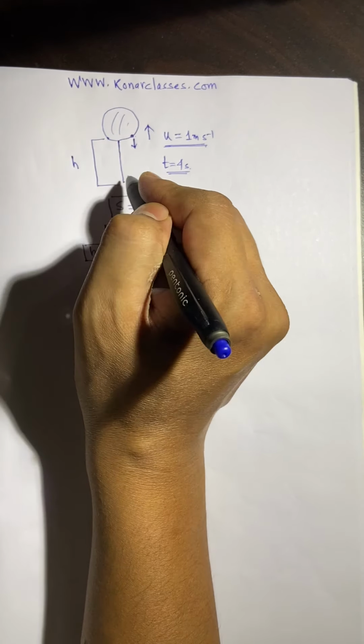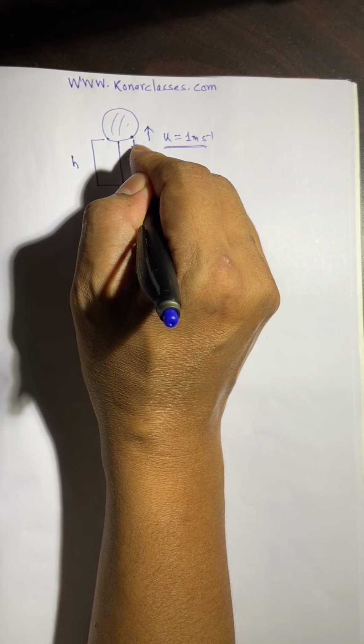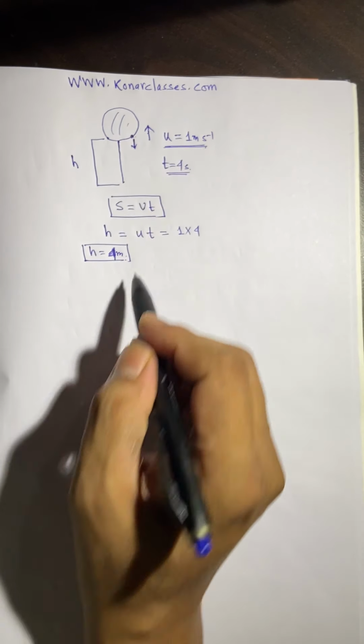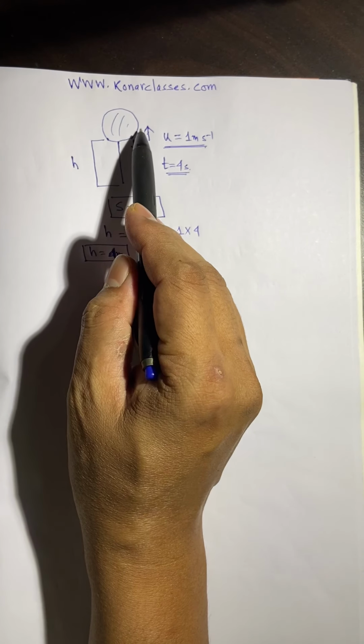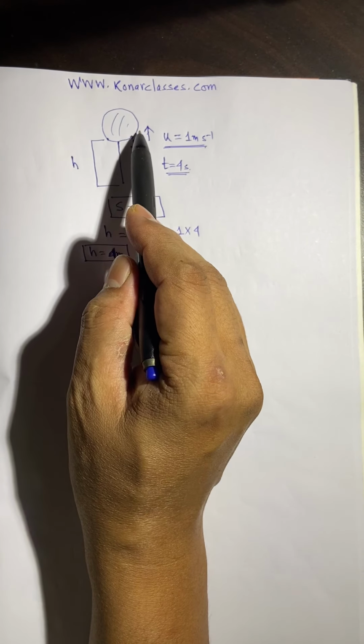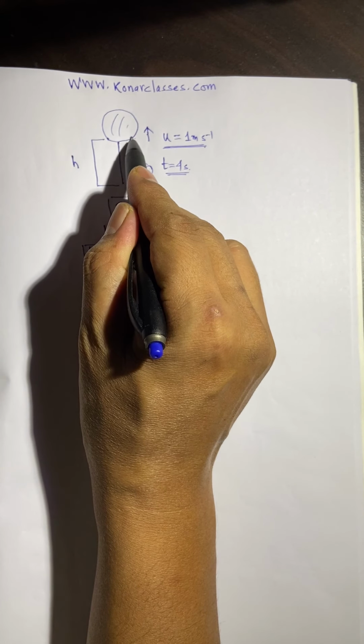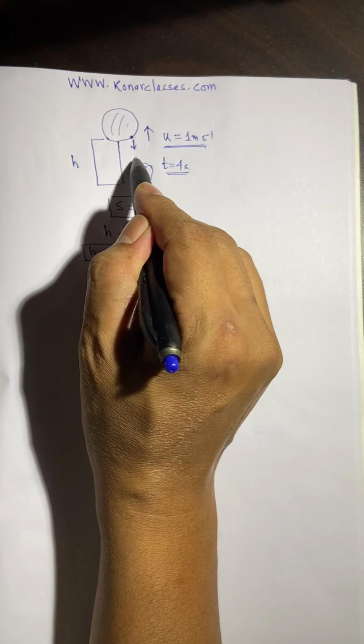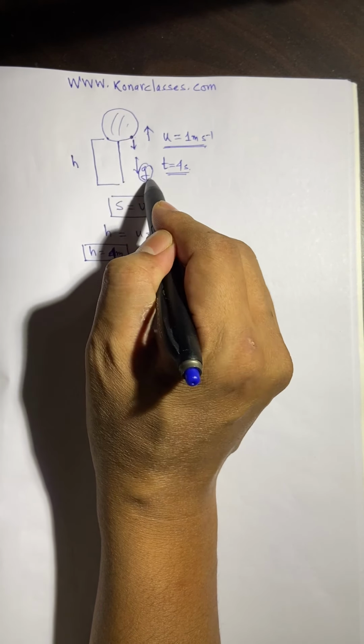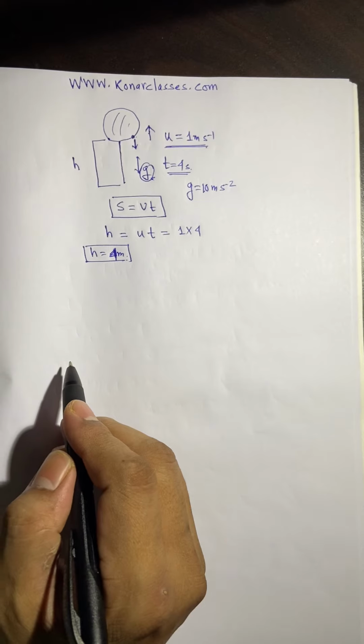Okay, now a small particle is dropped from the balloon. The balloon is moving upward, so this particle will also have the same velocity in the upward direction. Now we will see that gravitational acceleration is also acting on the particle, and that is g. So small g is given as 10 meters per second square.